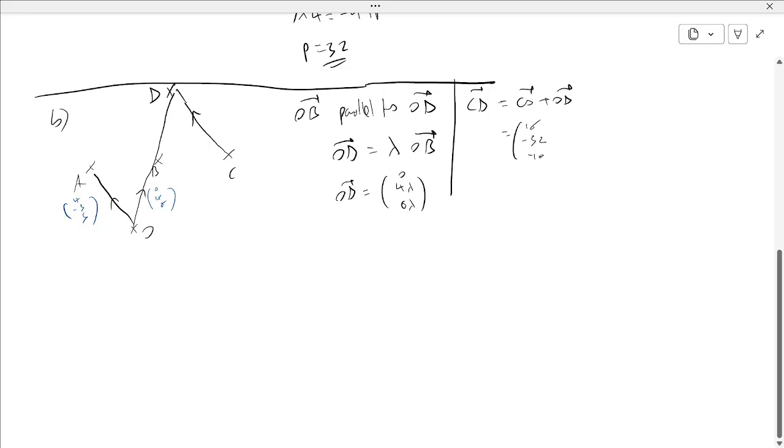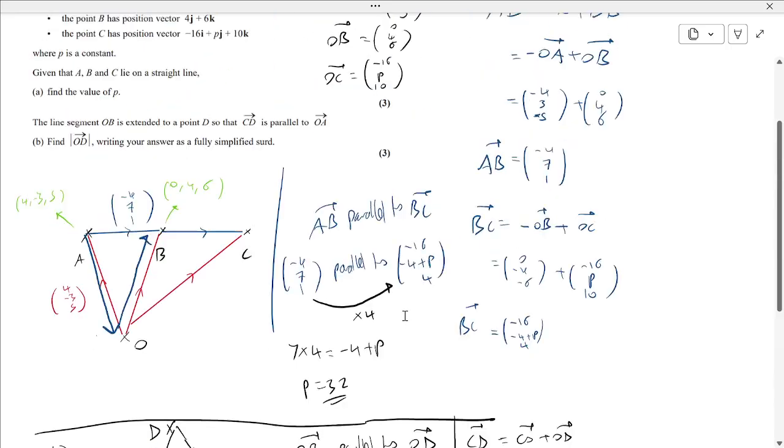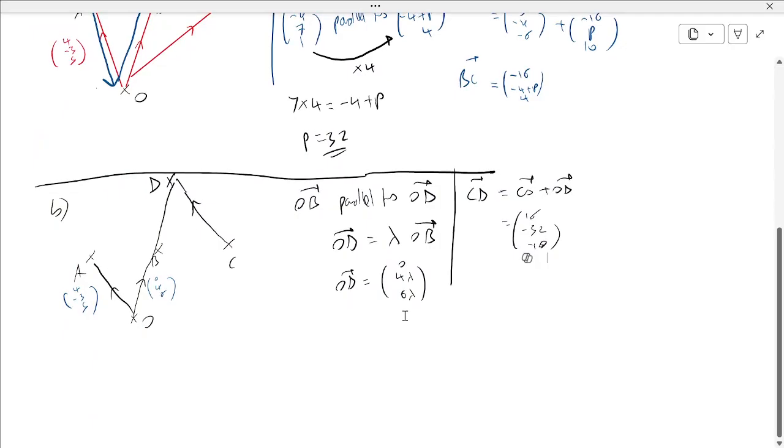Now I've had to negate everything here because I want to do CO and not OC. Plus OD, which we've just written down, that was 0, 4 lambda, 6 lambda. So CD is given by 16, -32 plus 4 lambda, and -10 plus 6 lambda.